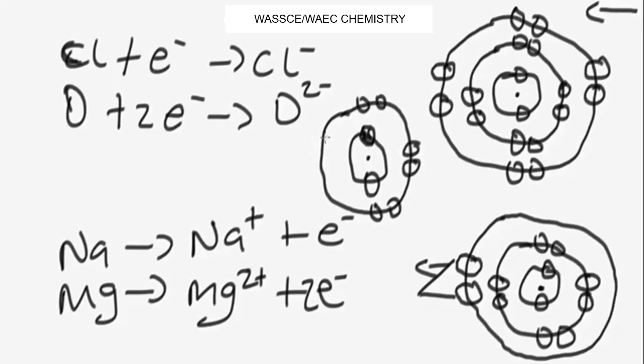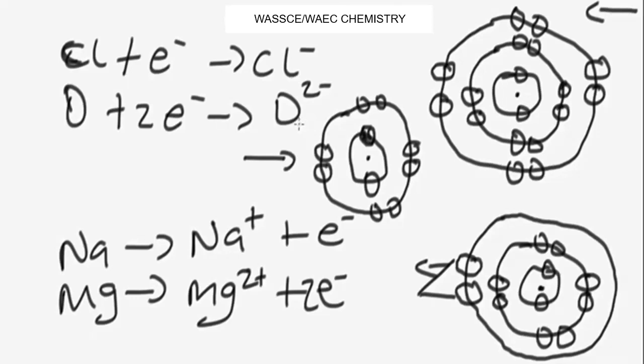Now the second shell needs 2 more electrons to be completely filled. So it will gain 2 more. When it gains these 2 electrons, it will form an oxide ion to attain stability. Now when you form this oxide ion, it will have the same electronic structure as neon. So that's basically what is happening here.